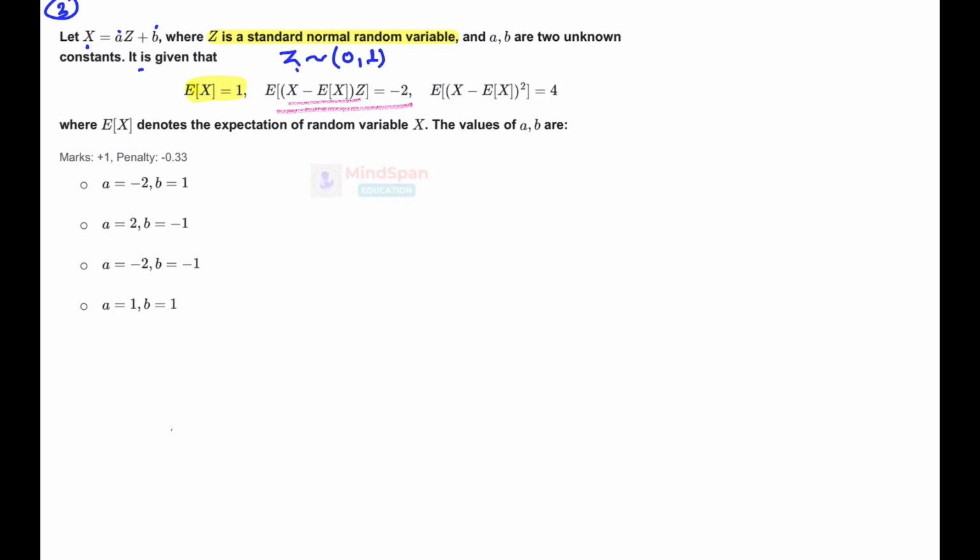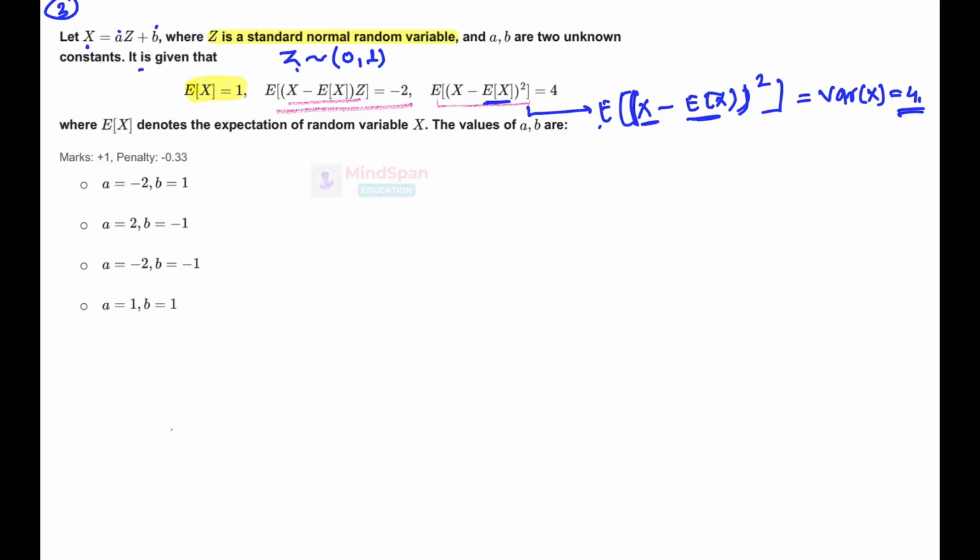If you look carefully at what it is, it is the expectation of (x minus the expectation of x) whole square. Here we are trying to find the distance of this random variable x from its mean, squared, in expectation, and this is nothing but the definition of the variance of this random variable x, and that is given as 4.